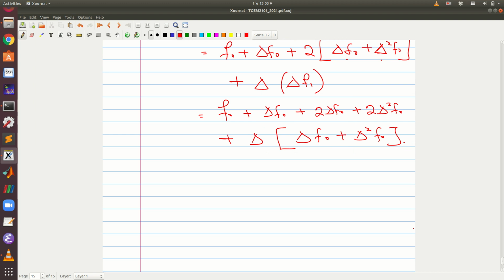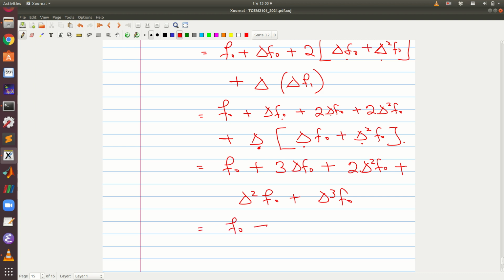Okay, so we can simplify this further, and then we have F0 plus this and that will give us 3 forward difference F0, then plus twice second forward difference F0, then plus now this and that will give us second forward difference F0, plus this and that will give us the third forward difference at F0.